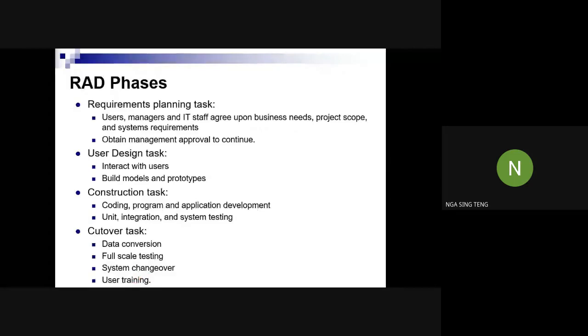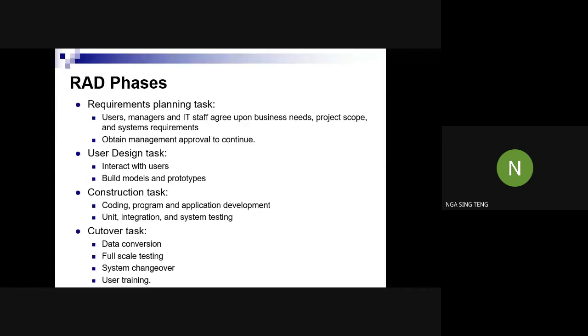And mostly it is more about user involvement. The user involvement is considered maximum. Okay, and it's not like some other models, where they sketch something for you first, and they will talk about whether this one is okay.